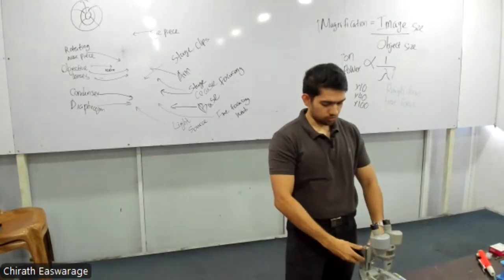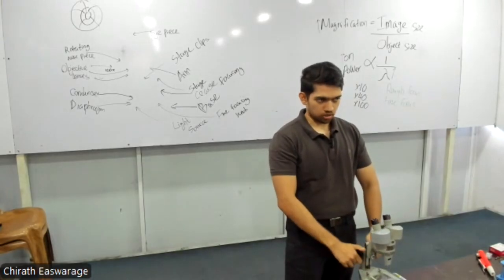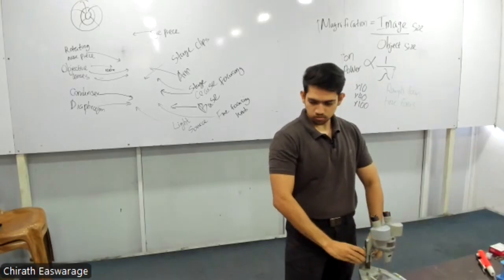Can you see? When you move it by a visible amount, it moves, right? The eyepiece and the objective, everything moves by a visible amount.